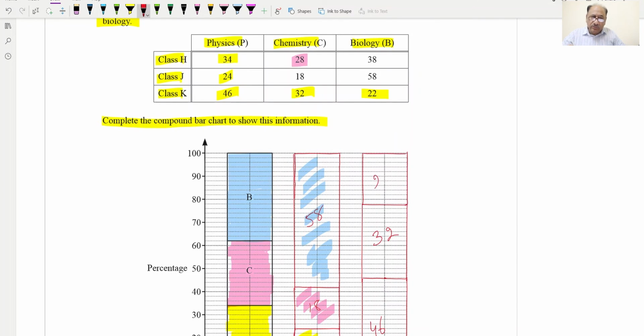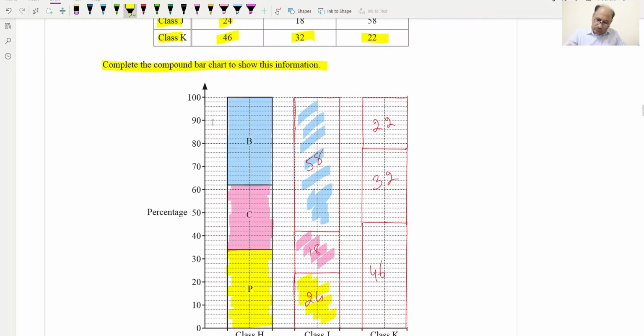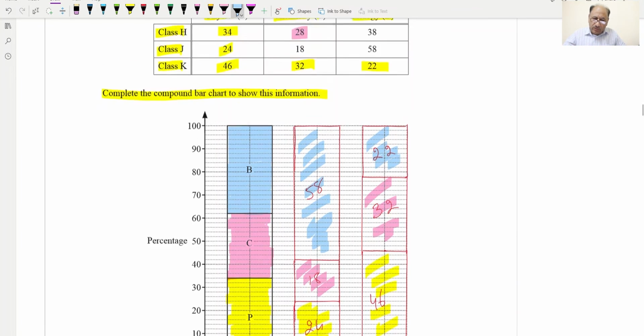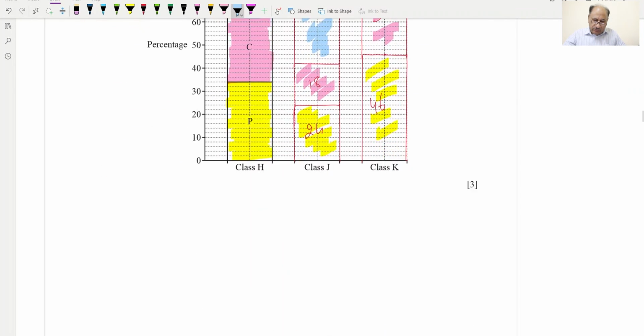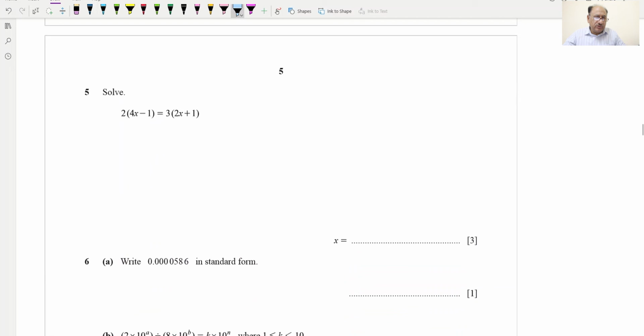We can write here 22, and for your understanding I'm just putting the color so that you can understand. This is the section, and this is the section, and the last section is for bio, and this is done. Now we can move to question number 5.